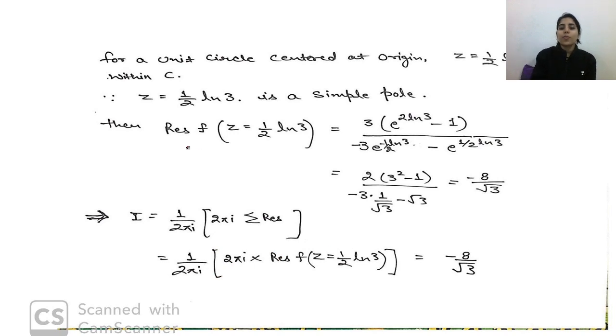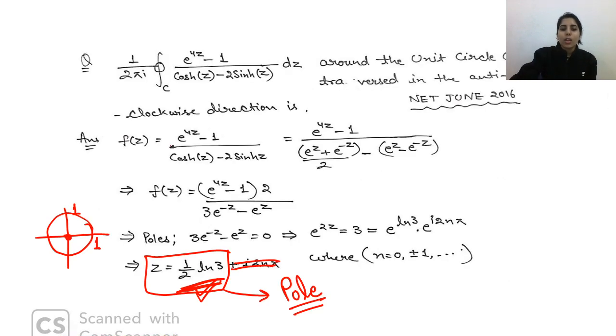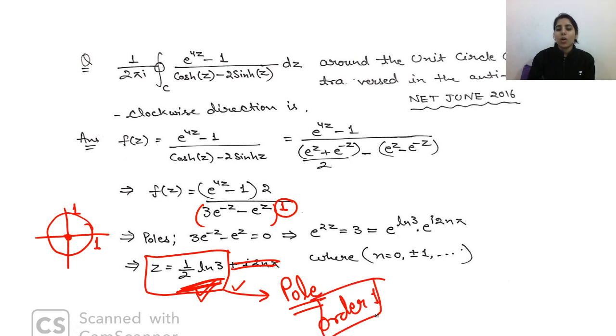Now guys, if I am talking about the residue, then what is the order of this pole? What is the overall power of the term with the help of which you got this value of z? That is 1. So the overall power is 1, which shows the order of this pole is 1.